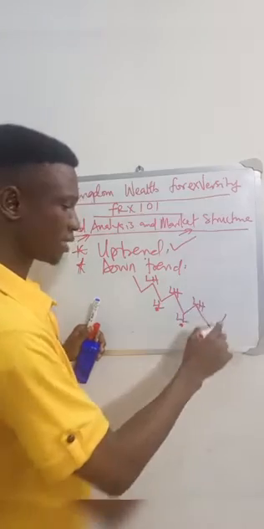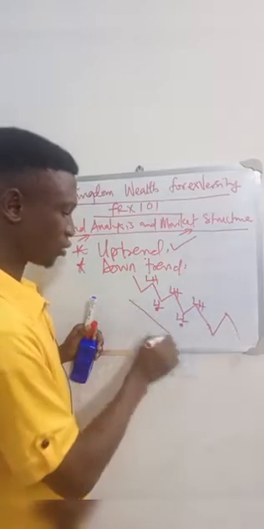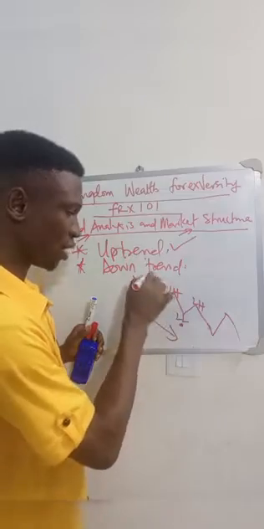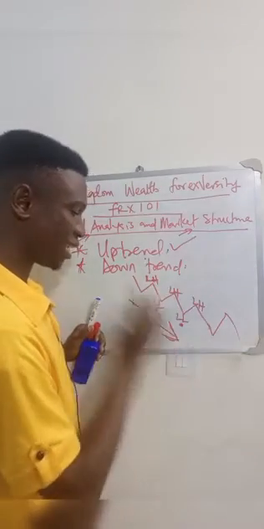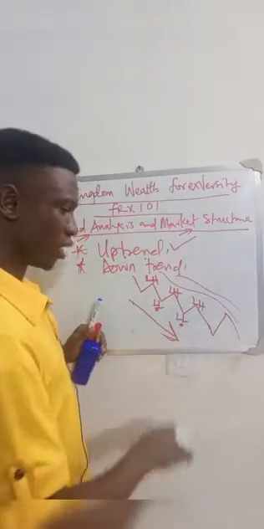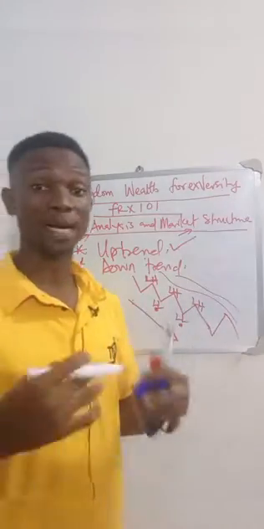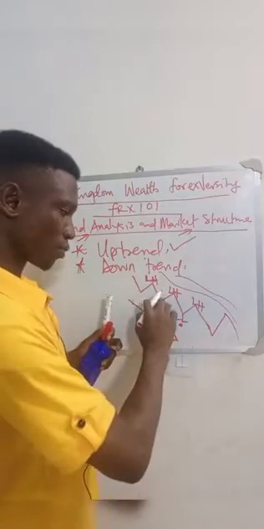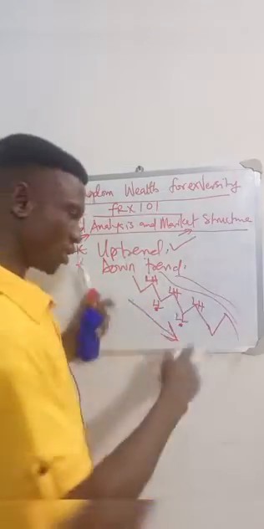If it keeps going like that, that is what a downtrend consists of. Look at the lower high: this high is lower than this, and now it's going down progressively. This is the true definition of a downtrend, and then you see the moving average flowing down with it. The moving average helps to calculate the overall price over a large sample of candlesticks, so it's also flowing alongside the trend.